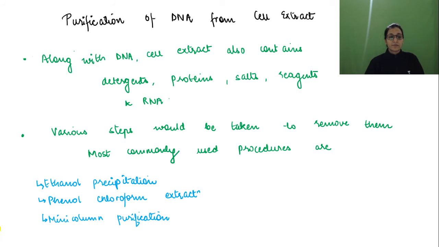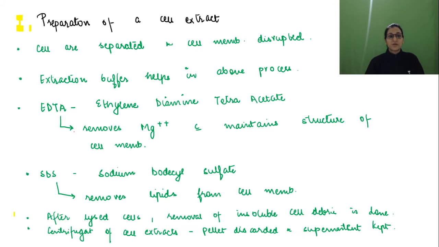Cells are separated and the cell membrane is disrupted, and extraction buffer is used for this process. EDTA is responsible for removal of the magnesium ion and SDS is needed for the removal of lipids. When the cells are lysed, the insoluble cell debris is removed, and centrifugation gives us the supernatant, which contains the nucleic acid, and the rest is removed.